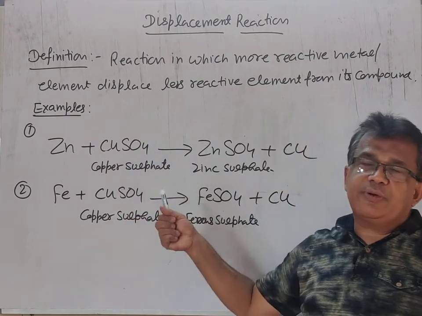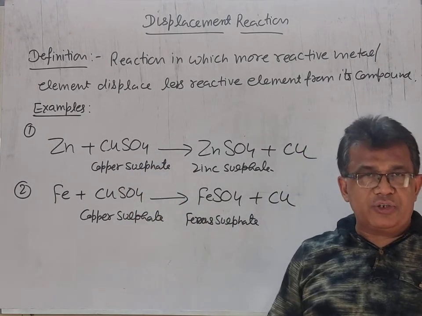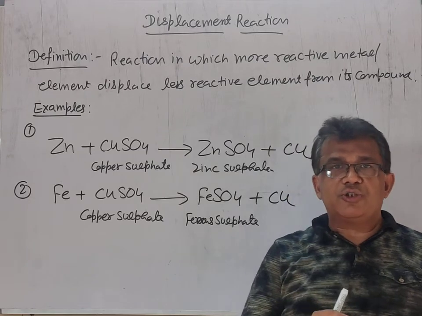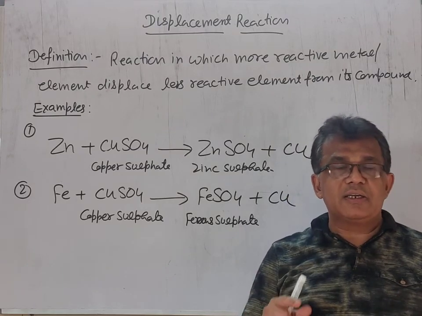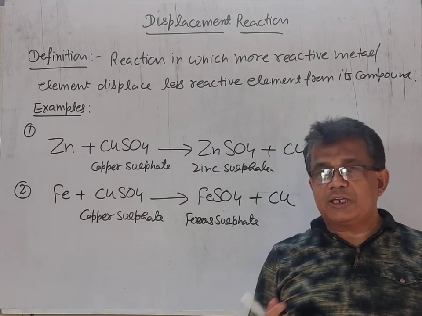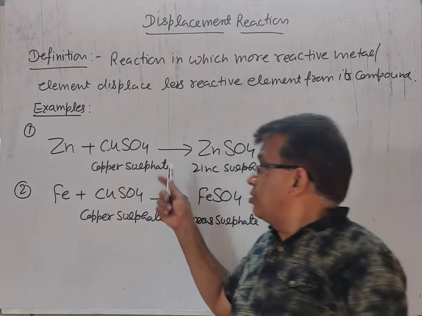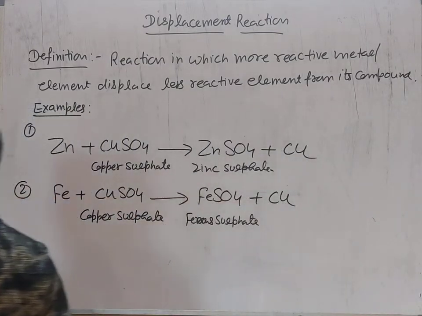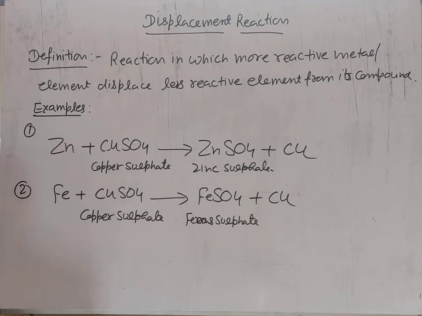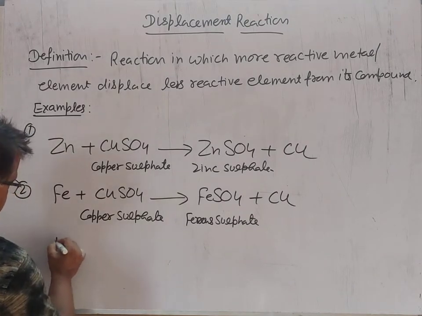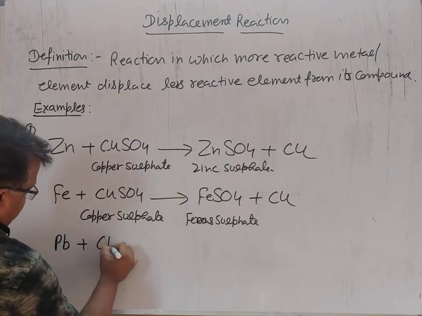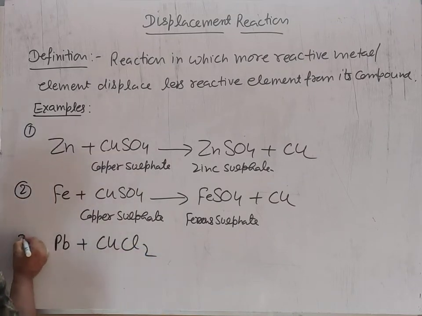So the question can be in any form, it can be twisted. You have to read the question, read between the lines, understand the meaning of the question and then reply. So this is what I have explained. Question can be Pb plus CuCl2.